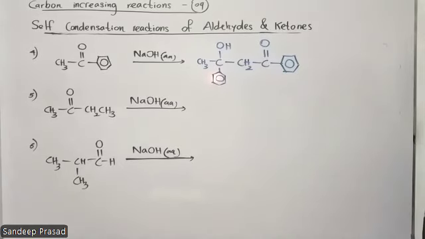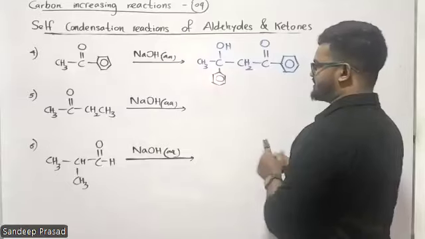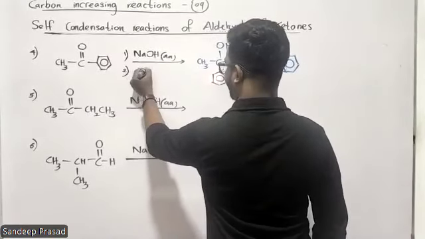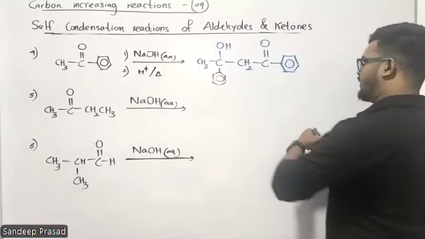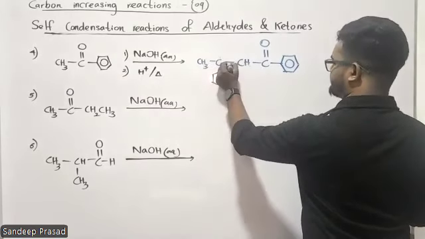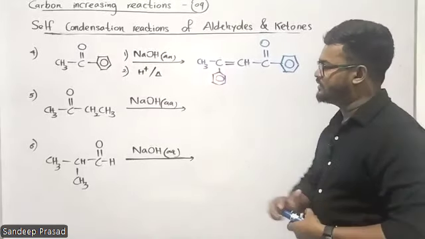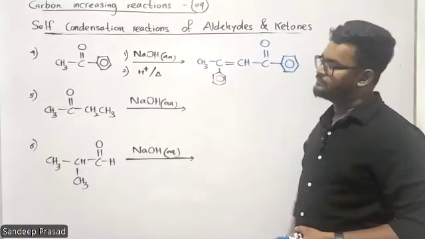Okay. Next one. If I give you this is number 1 and number 2 is H plus and heat, what will happen? Then OH is eliminated with hydrogen, then it is producing the double bond. Can you understand? Number 1 and number 2. Then you can directly obtain this product.